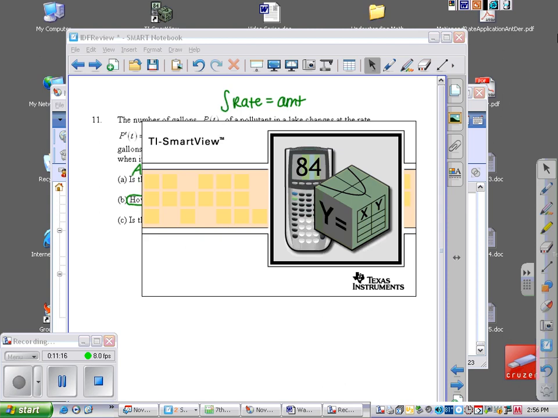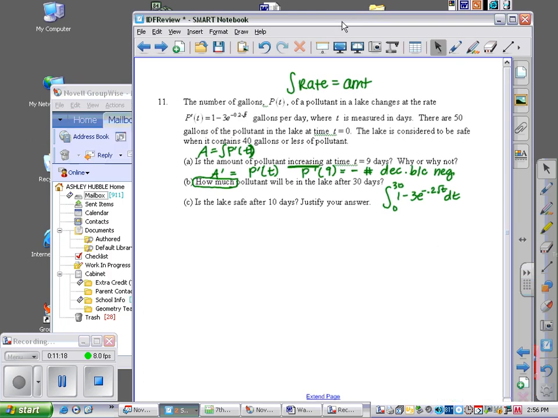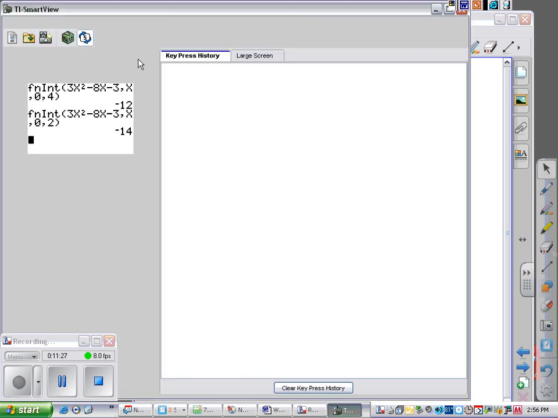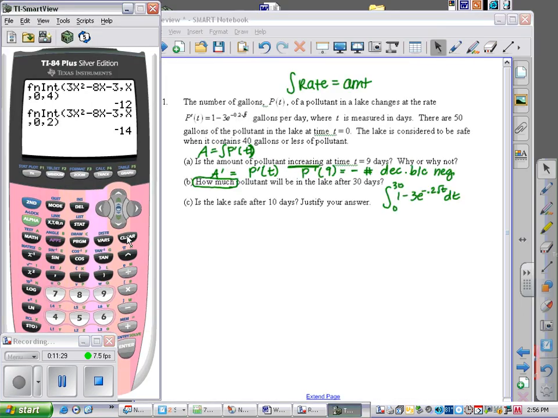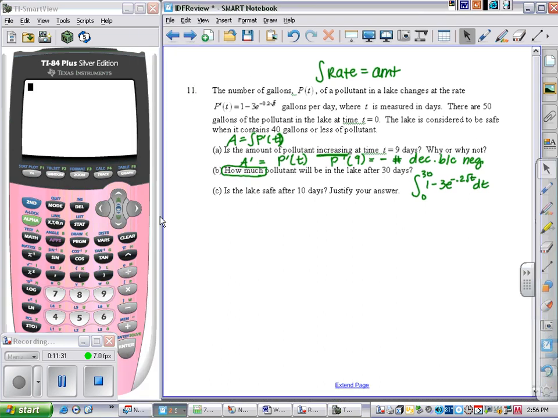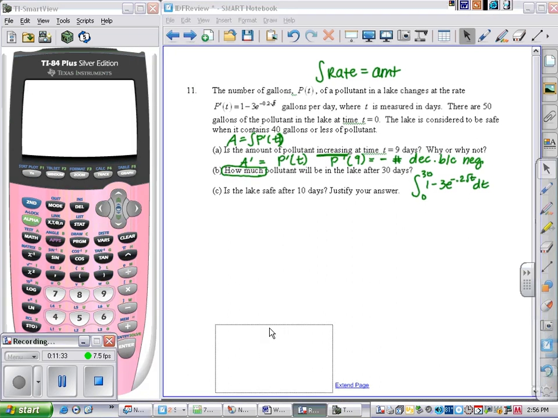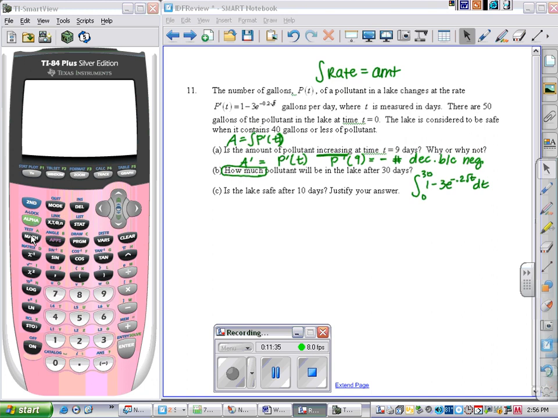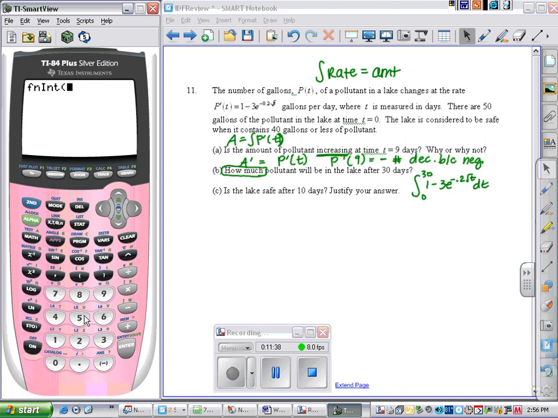Sorry, I should have already had this pulled up. And we're going to push math 9, and then you type in 1 minus 3 second e, and then the negative 0.2 second square root x.